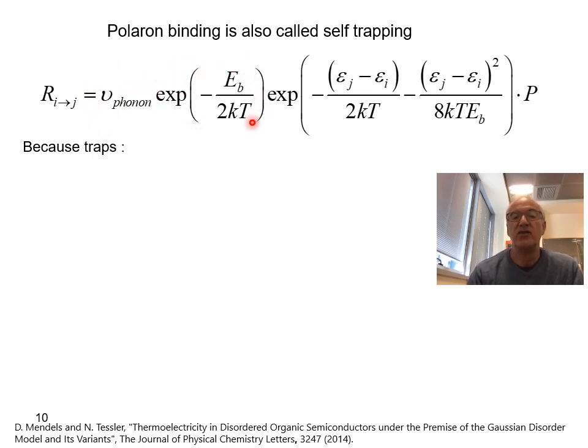We have this kind of binding energy that really makes it difficult for the charge to get the necessary energy to make the jump, and this energy is really invested in the molecule itself. And we have this full expression that describes how the rate would change when the sites are varying with energy, and you can think of this as the initial state, and this is the final state.